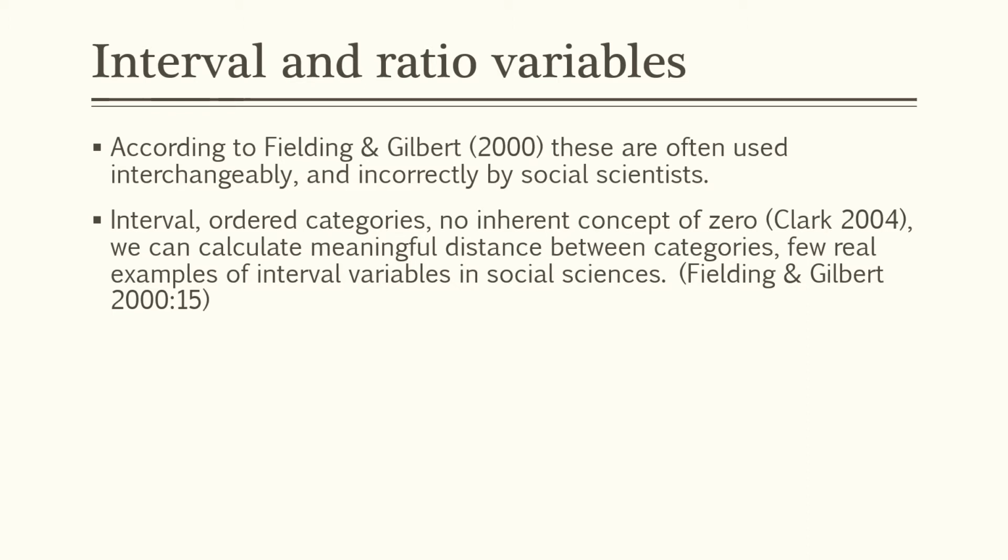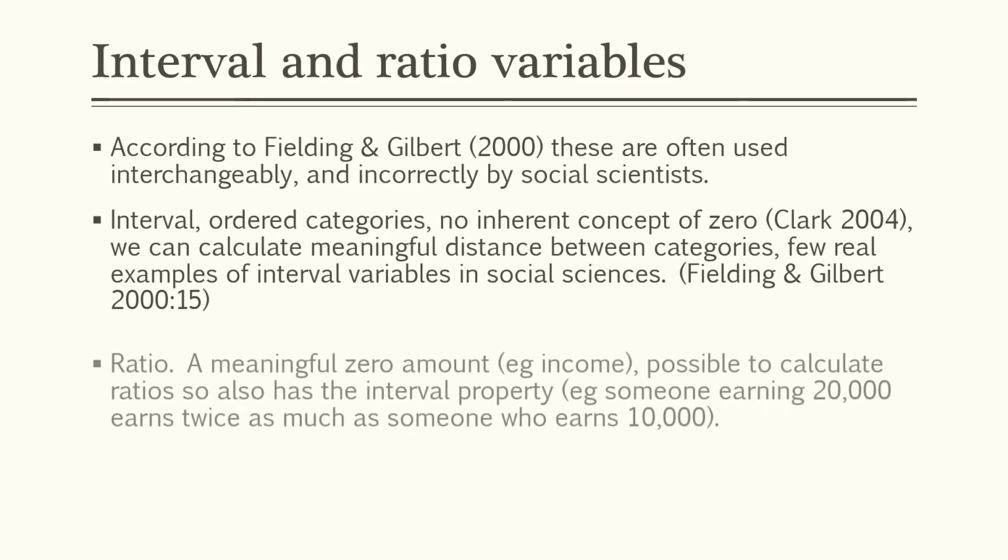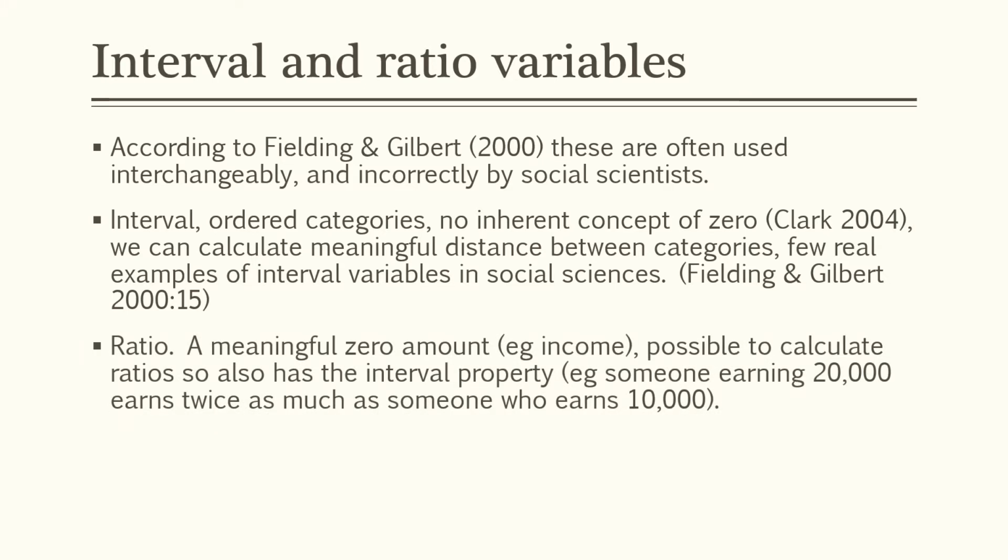Okay, let's move to ratio. In this case, the ratio has a true meaningful zero, and it is possible to calculate ratios. It also has the interval property. So someone earning 20,000 earns twice as much as someone who earns 10,000.